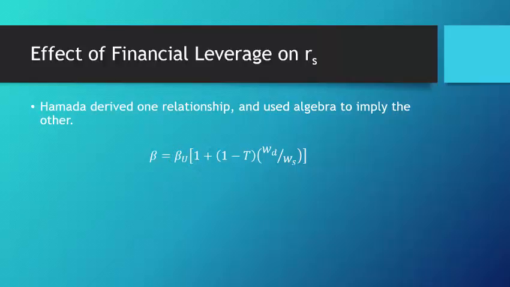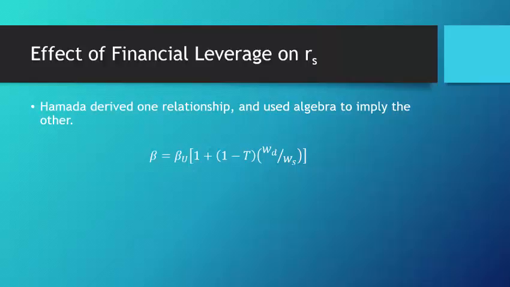And so this equation right here will tell you, if you knew what the beta was for the company if it had no debt, you could figure out what the beta of any level of debt is just by putting in the WD of how much debt they're having to how much equity. So in essence, that WD over WS is really just a debt to equity ratio. But it's a market debt to equity ratio, okay?